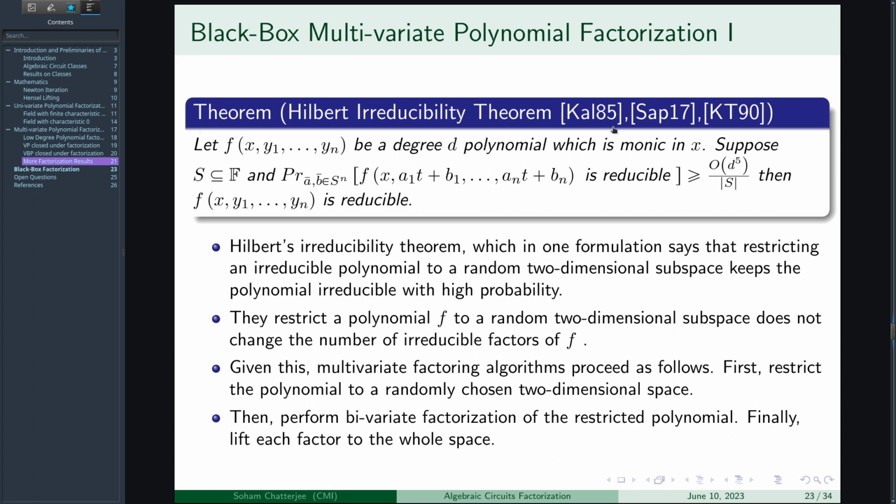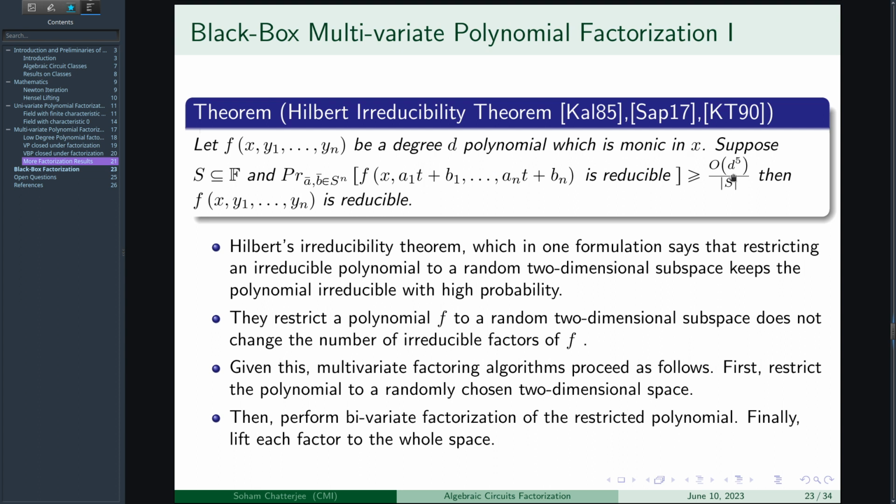You can read this theorem in Kaltofen's paper. This paper is also very good, or you can read it from Saptharishi's survey. Basically, what this theorem means is, if I have a polynomial, suppose irreducible, and I randomly project that polynomial into a two-dimensional space, then that polynomial still remains irreducible with very high probability.